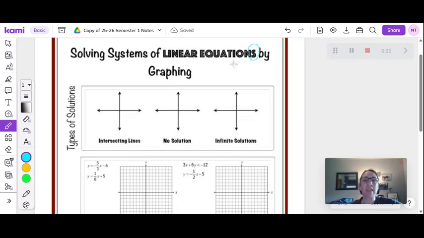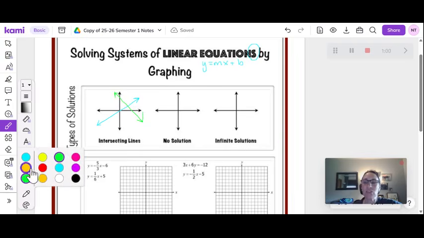Okay, and you've been graphing linear equations, y equals mx plus b. That's the form that we like to use when we graph them. And when you graph more than one line, there are three types of solutions that you can get. Okay, so the first is, let's say you graphed a line and it landed right there, and then you graphed a second line and it landed over here.